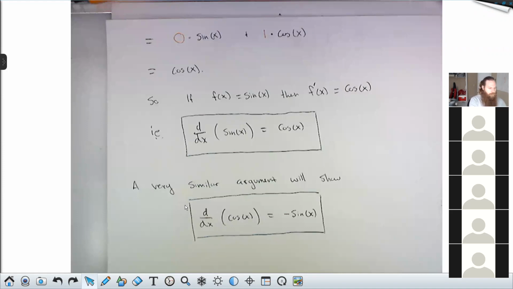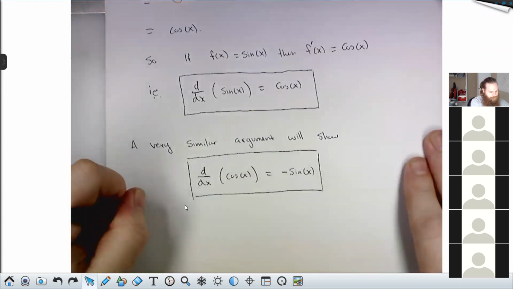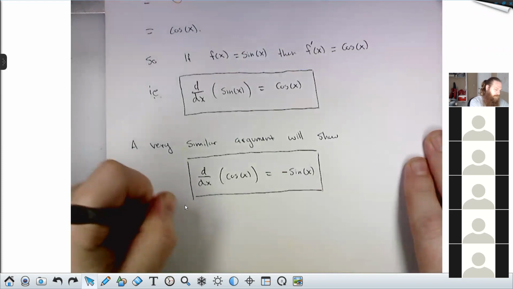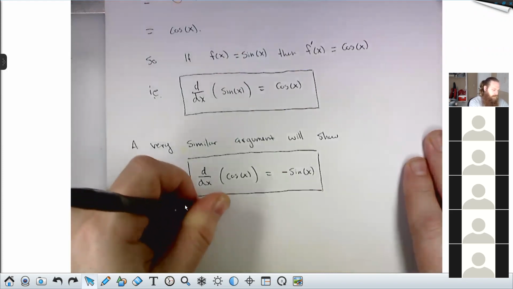The two special limits that you need to remember from this section, I'll call them special trig limits.